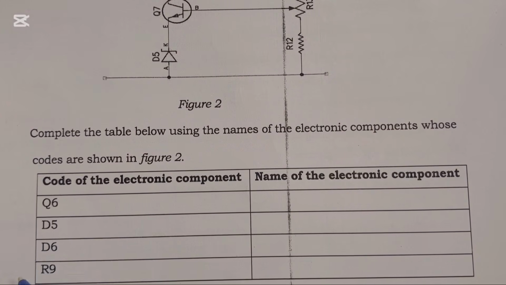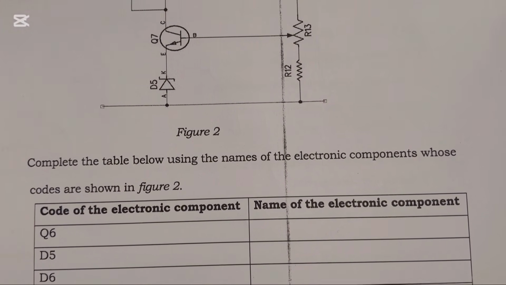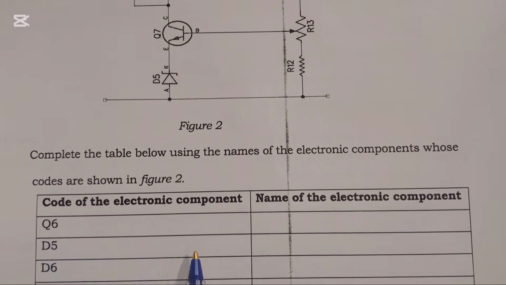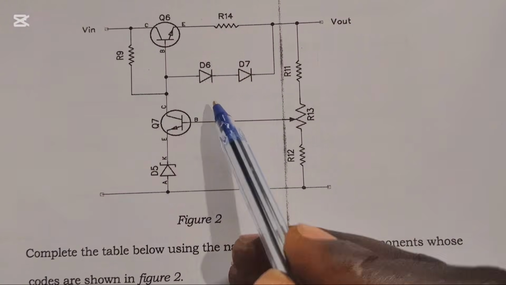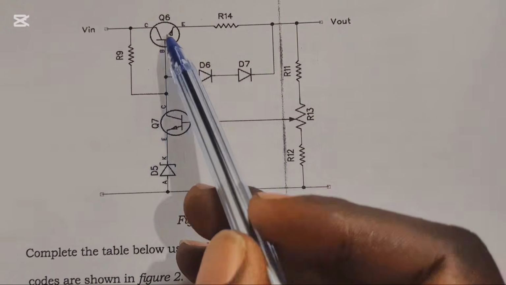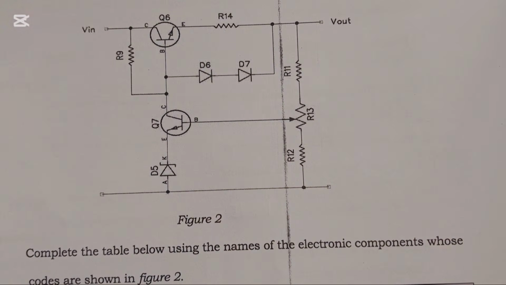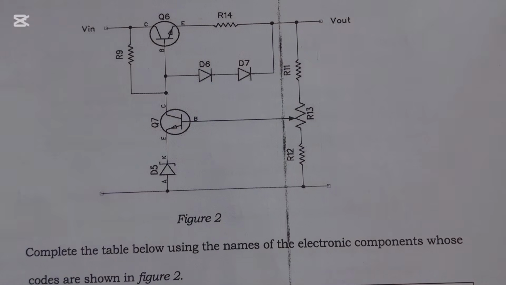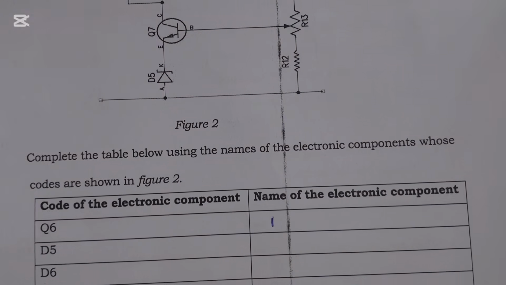Q6, D5, D6, and R9. Let's say Q6 is right here, and you know that Q represents a transistor. I mean that this is a transistor.